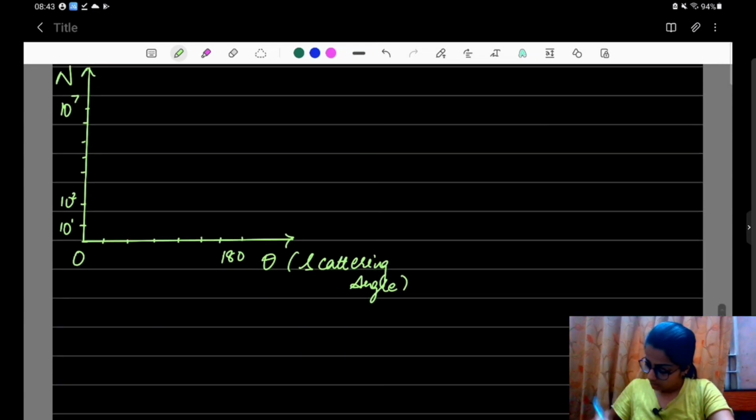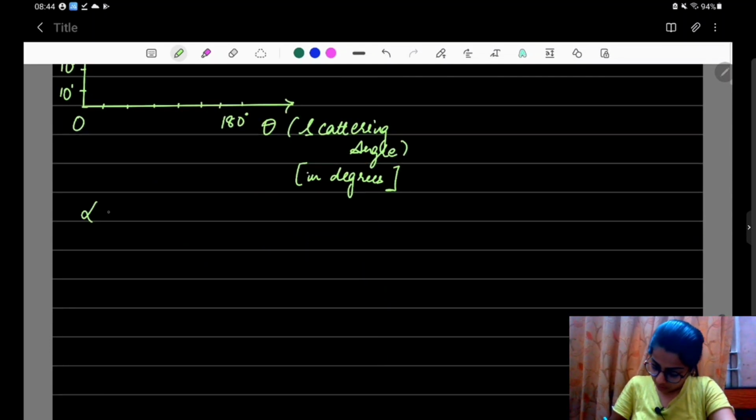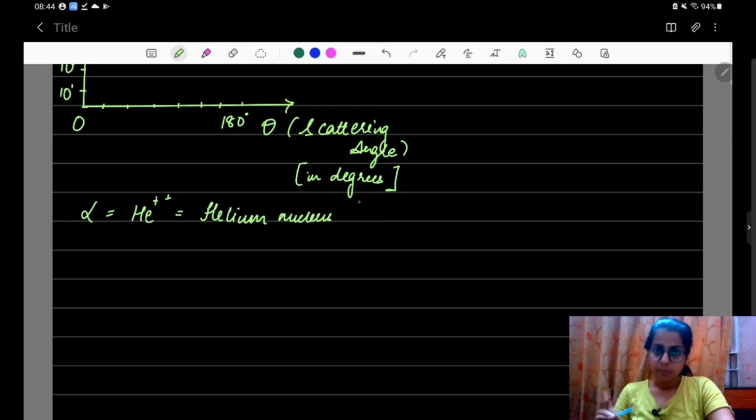Now this is in degrees. First of all, what is an alpha particle? An alpha particle is a doubly charged helium ion, a helium nucleus. Why helium nucleus? Helium has two electrons. If I remove those two electrons, it becomes doubly charged.